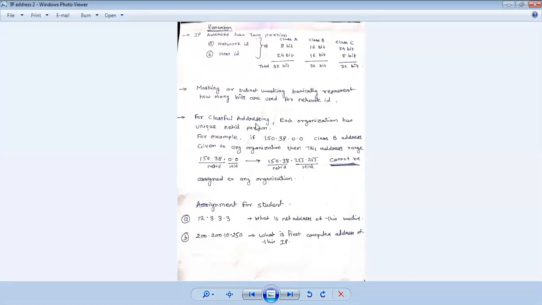Now, for the classful addressing scheme, each organization has a unique network ID portion. It means if we assign a particular network ID to one organization, then we cannot assign the same range of IP addresses to another organization. For example, 150.38.0.0 is a class B address.